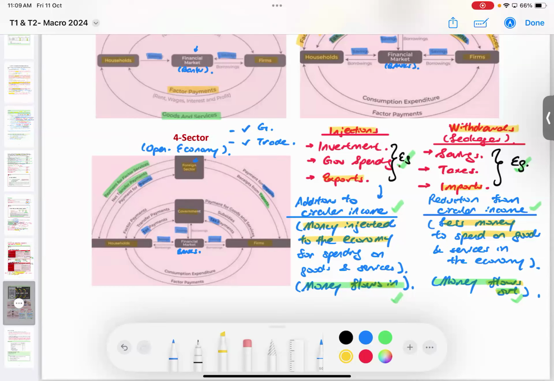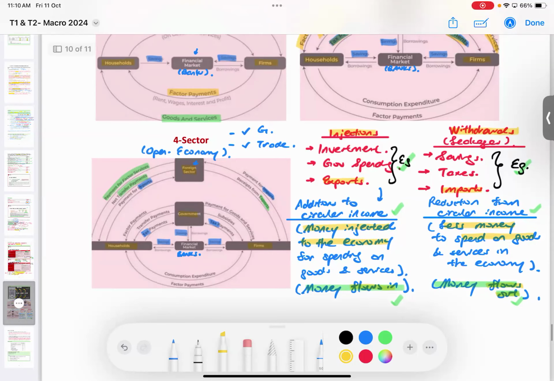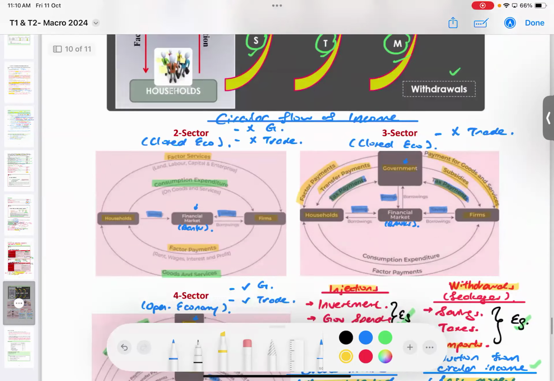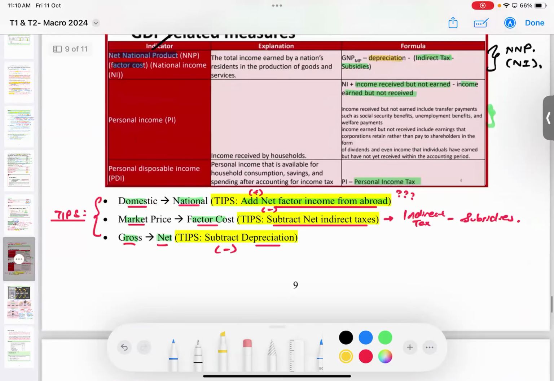Government final consumption expenditure, in the first calculation question.